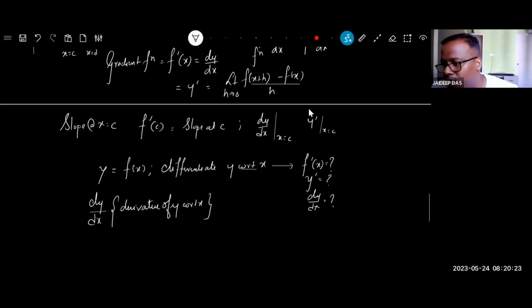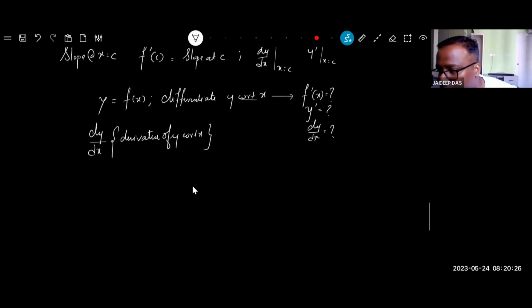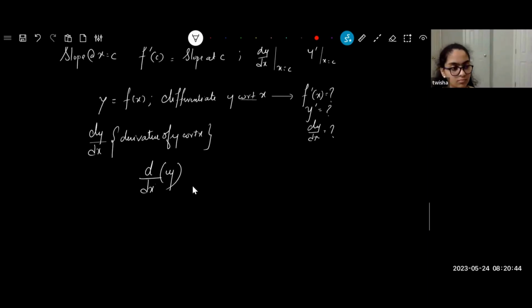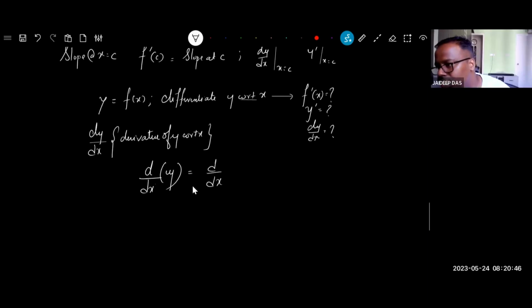So how do you read it? You read it as d by dx of y. You are differentiating y with respect to x. Don't write straight away, read as dy dx. That way you'll read it later on. You're differentiating y with respect to x, which is equal to differentiating the function with respect to x, which is equal to the derivative or the gradient function, which is equal to f of x plus h minus f of x divided by h.